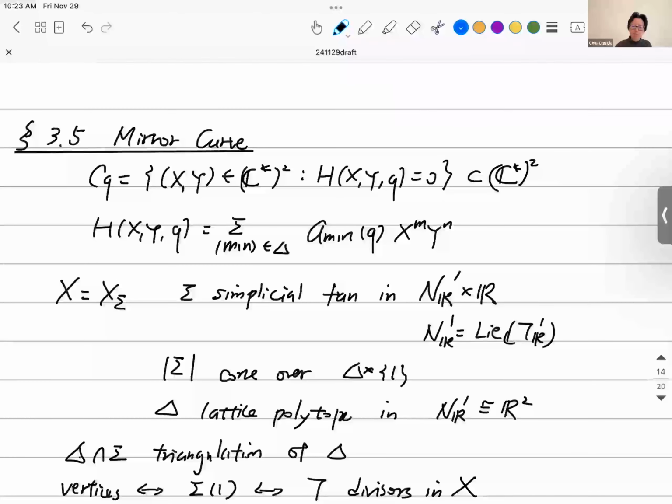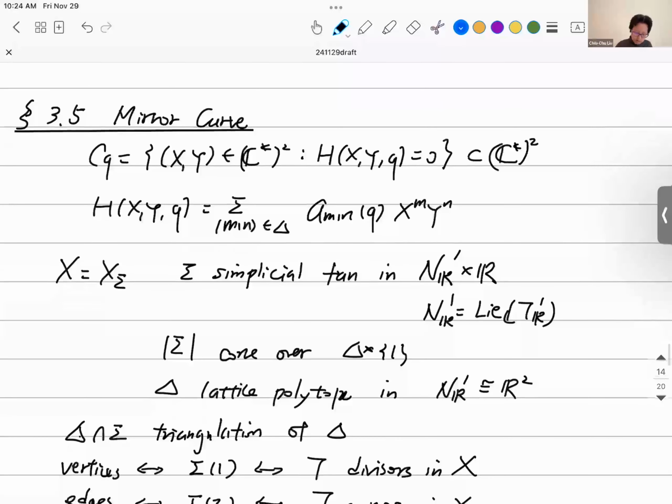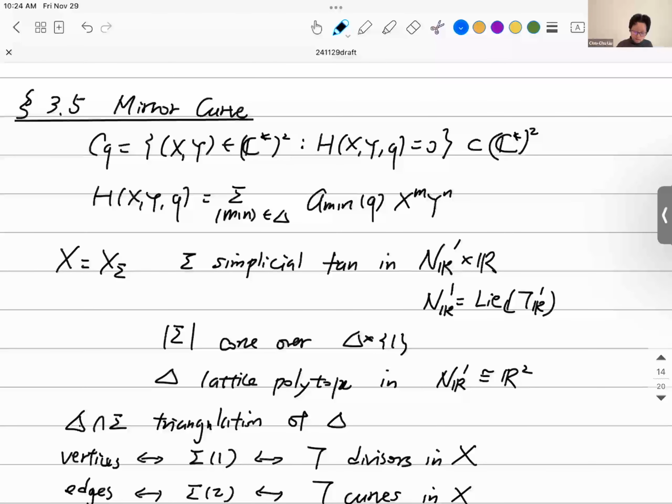And then there will be a B model graph sum formula for the B model topological string, which is a sum over the same set of graphs. The proof is that we see the contribution for each graph is the same on the A model and B model. So that's the preview of the proof.